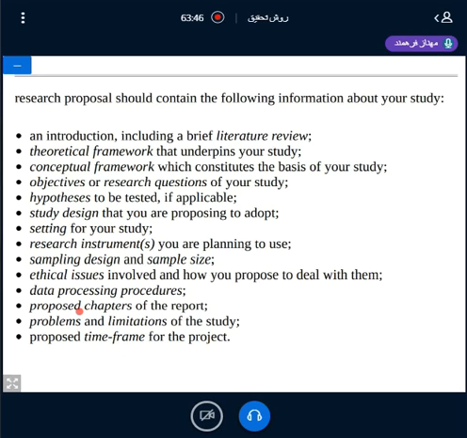Chapters are introduction and objectives, problems and limitations of the study, proposed time frame for the project. So the proposal contains all of these parts.